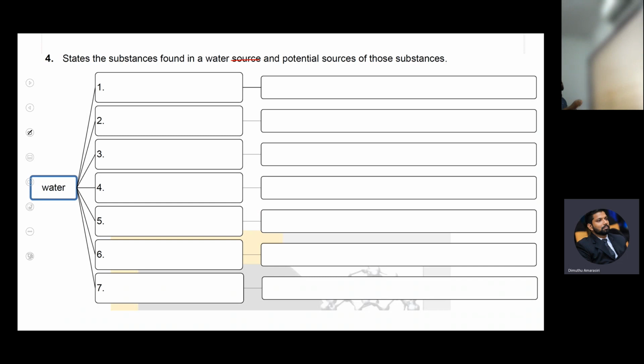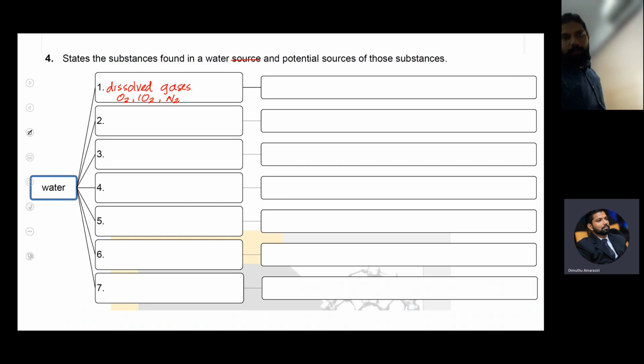Very good. So shall we say dissolved gases such as oxygen, carbon dioxide, nitrogen, yes, a little bit of nitrogen. The sources: the gases in the atmosphere dissolve into water.